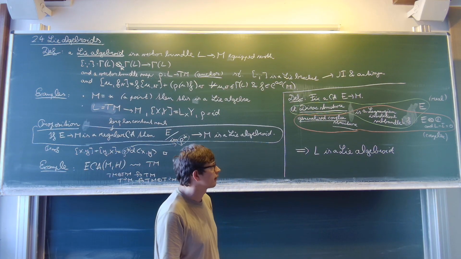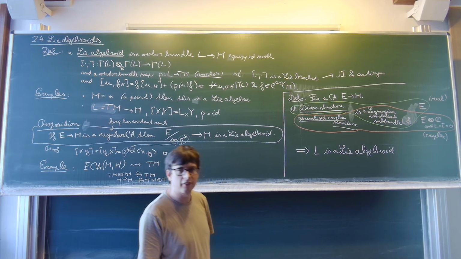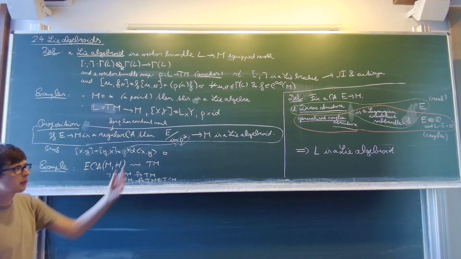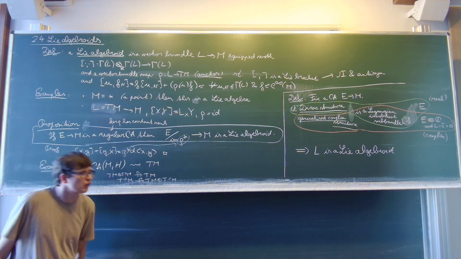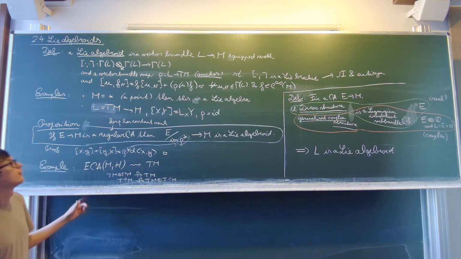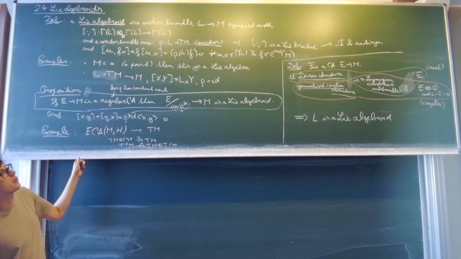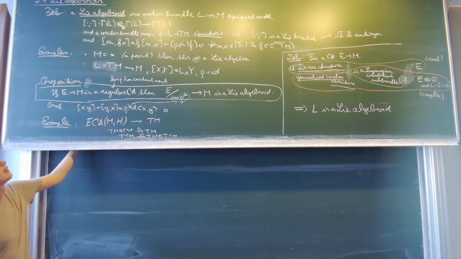So it's a Lie bracket. Hence it's a Lie algebroid. So this is another way to get Lie algebroids. Okay, that finishes this part. Any questions? I apologize for being a little bit messy at some point.